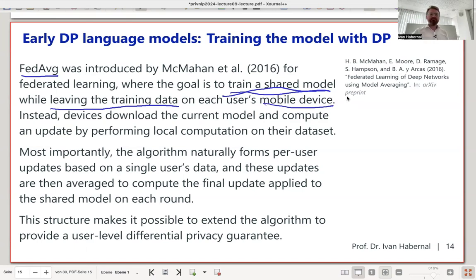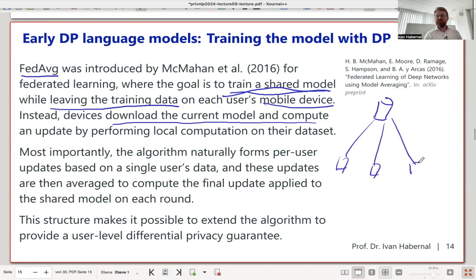How you do that is that each mobile downloads the model from the server. So there is a server with a model, and a couple of mobiles. In each step, you download the full model on each device, then perform the gradient updates on your training data and send them back.